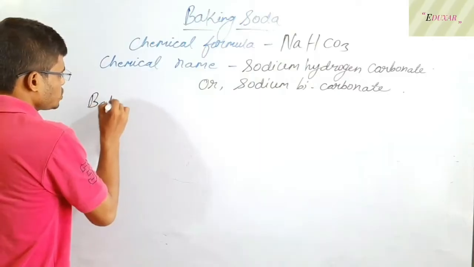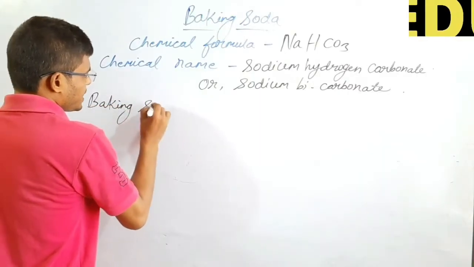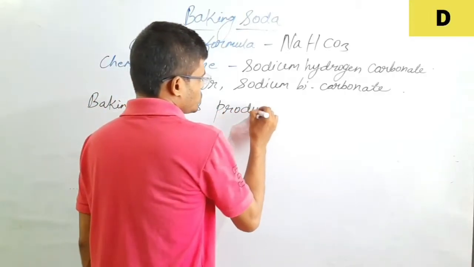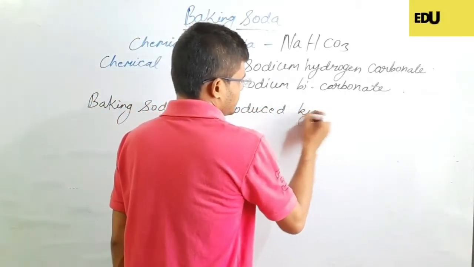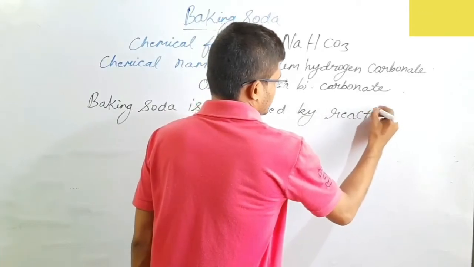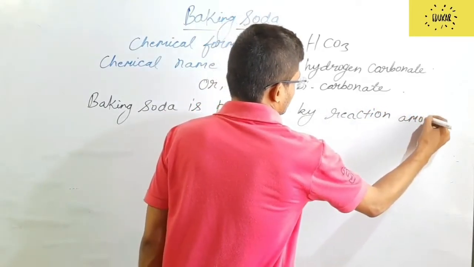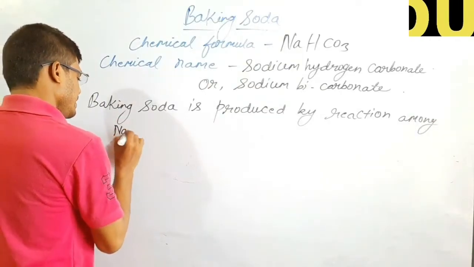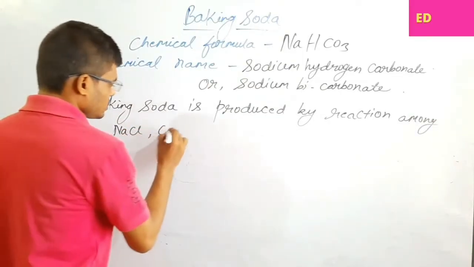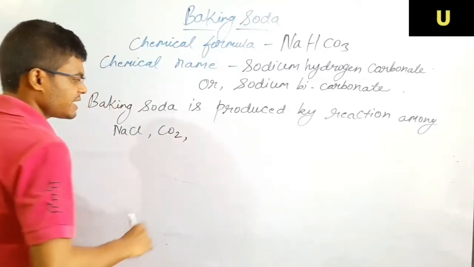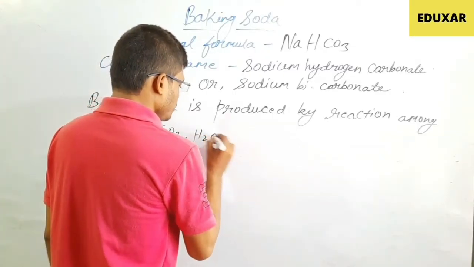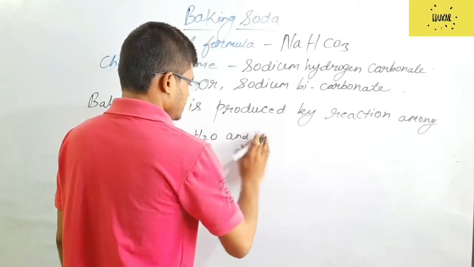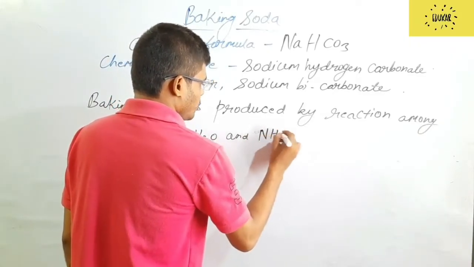Baking soda is produced by reaction among NaCl, that is sodium chloride, CO2 carbon dioxide, H2O water, and NH3, that is ammonia.